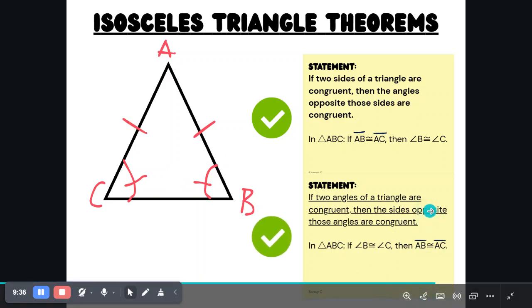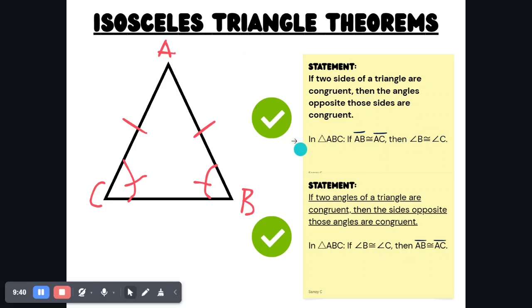Now that we've figured out both of them, it's important to understand the triangle theorems because if you are given an isosceles triangle, you can figure out the proofs based on these statements slash theorems.